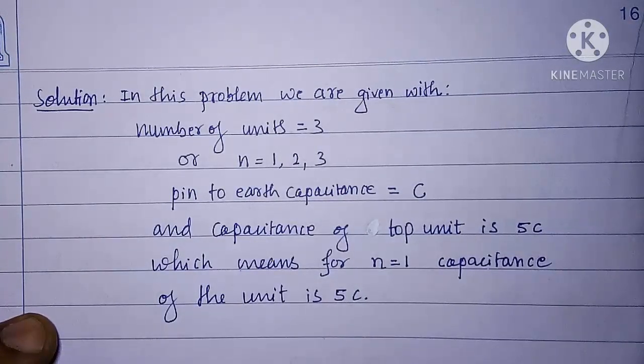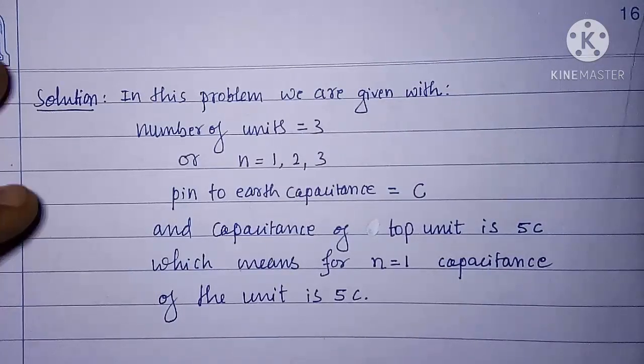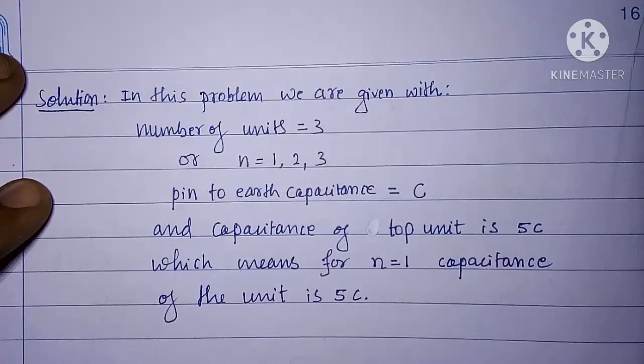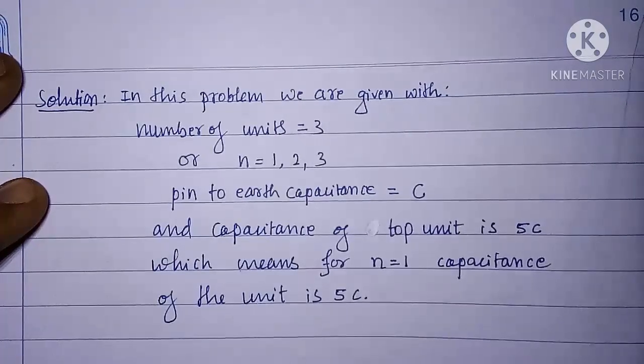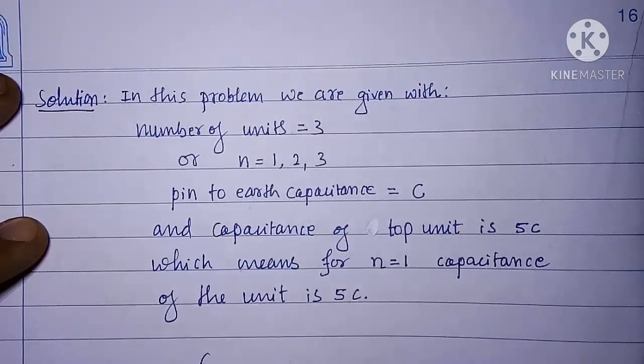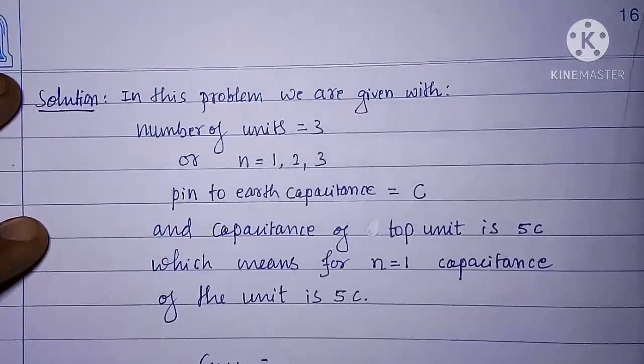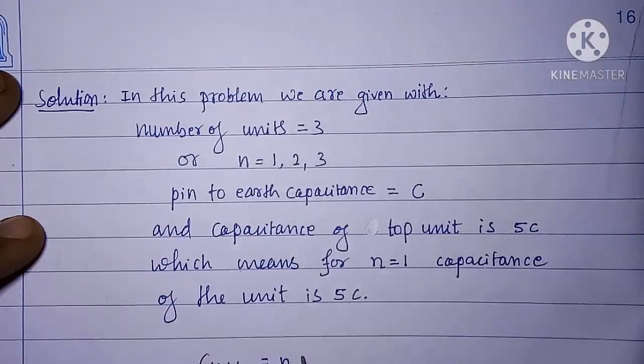Now we have to find the remaining capacitances, that is C2 and C3 we have to find out. We know that Cn plus 1 is equal to n into C plus Cn.